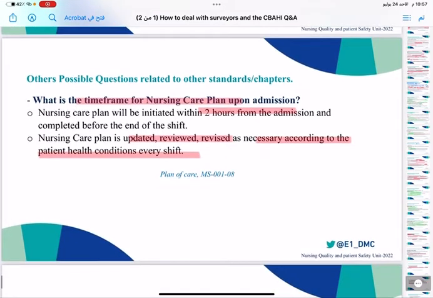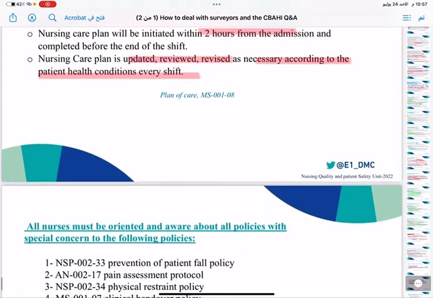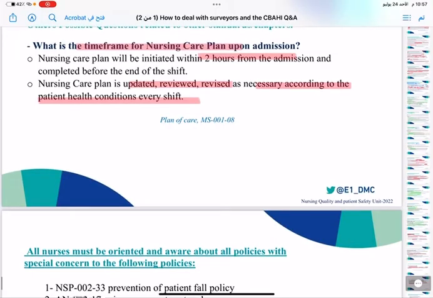So these are the questions they may ask about, because these are the questions they already focus on. And then the last question is: what is the time frame for the nursing care plan upon admission? You say it is initiated after 2 hours, and it will be in the physician's plan of care.